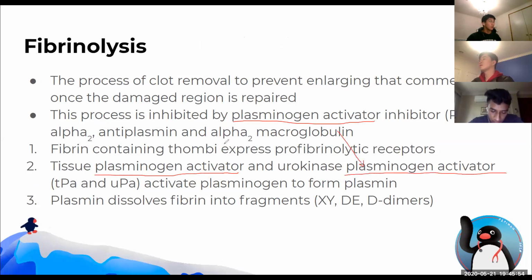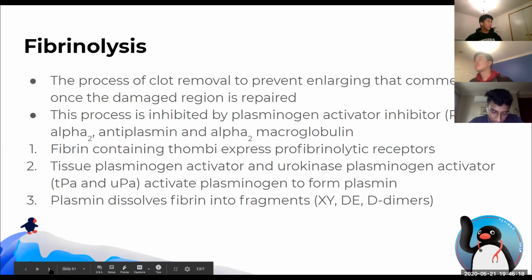So our inhibitors will stop the action of TPA and UPA, and therefore our clot will remain there and it won't get broken down. Does that make sense? Yeah, all right, sweet. Okay, cool.